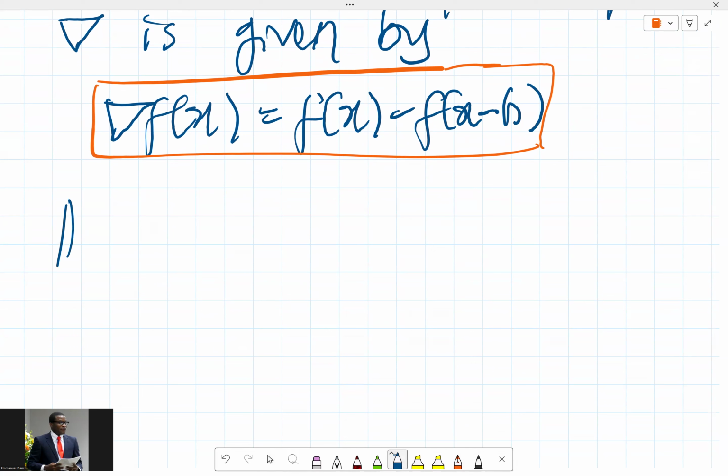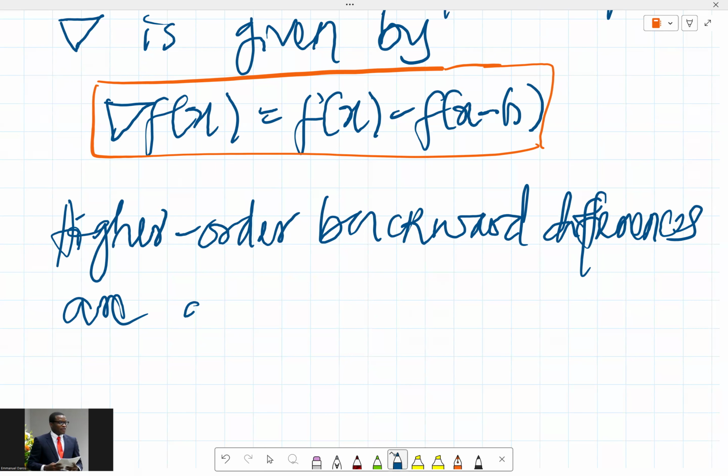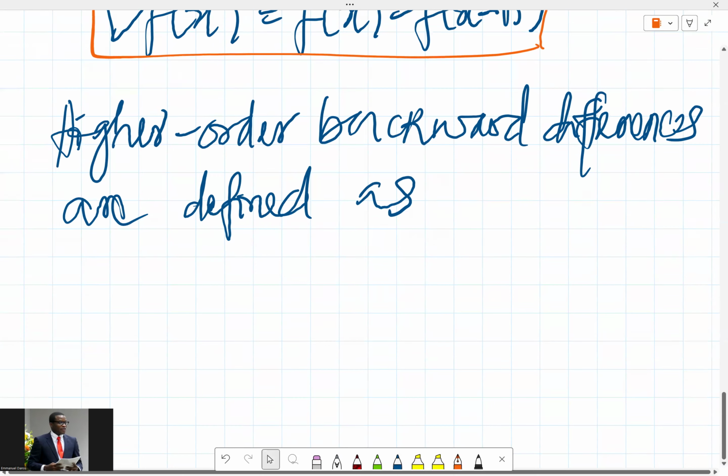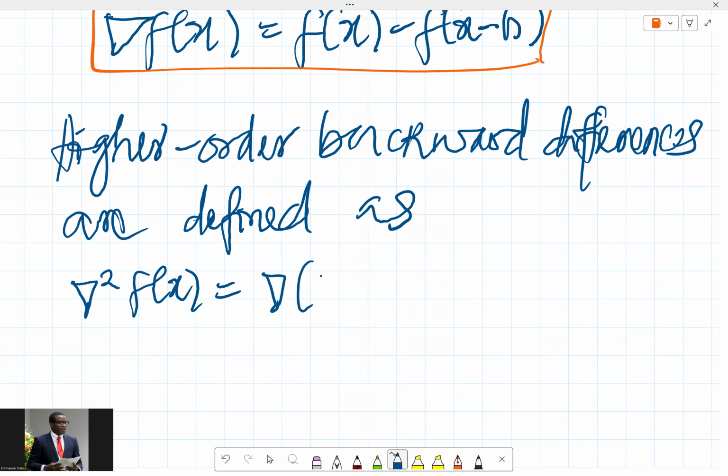Higher order backward differences are defined as follows. If you need the second derivative, for instance, that's nabla squared f of x. That would be nabla into nabla, careful with this triangle, into nabla f of x.